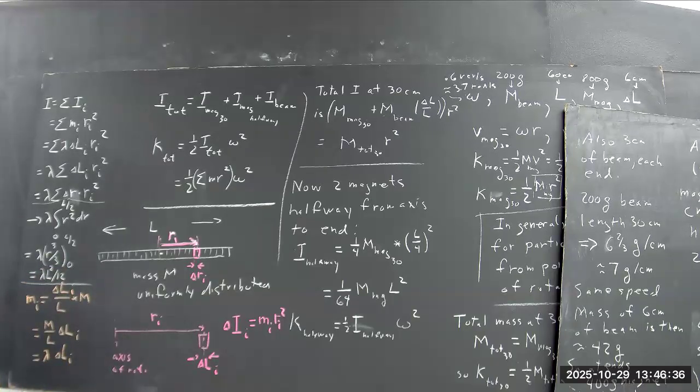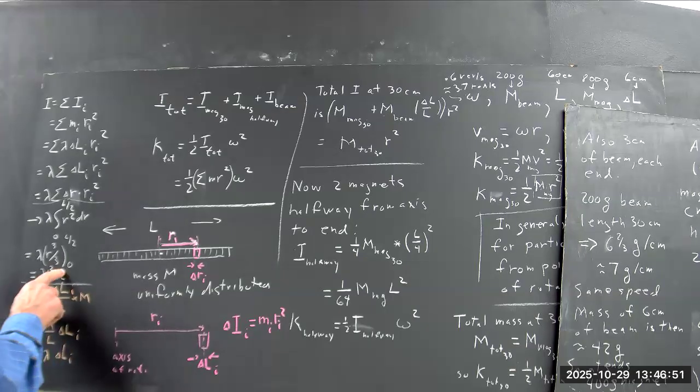And you can check the numbers on that. You just substitute L over 2 and 0, and you're going to get lambda L squared over 12. Actually, you're going to get lambda L squared over 24.